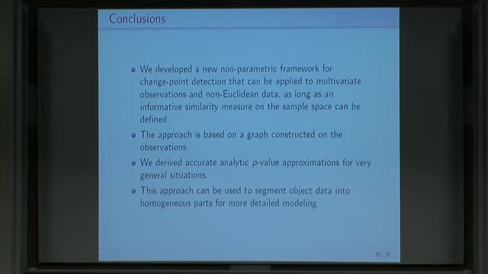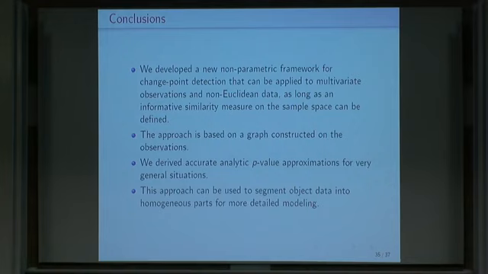And we require an informative similarity measure on this sample space so that we can construct a graph on these observations based on that similarity measure. And I think we derive quite accurate approximations for the p-value, so we can apply this method very quickly because it's very quick to calculate this p-value. And the power of the test is also quite good, I feel.